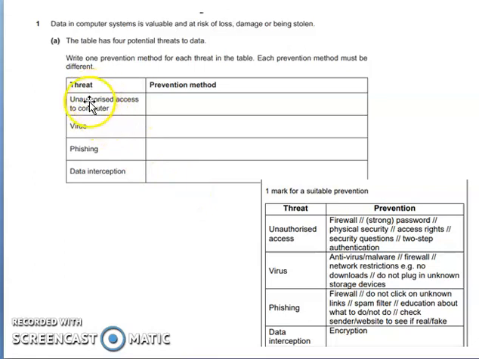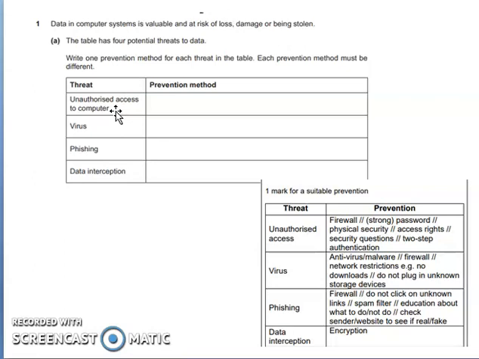For the first threat, it is unauthorized access to the computer system. Unauthorized access means that suppose you have your phone and somebody without your permission tries to use it. What will you use to prevent that? You will put a PIN or a password on your phone.